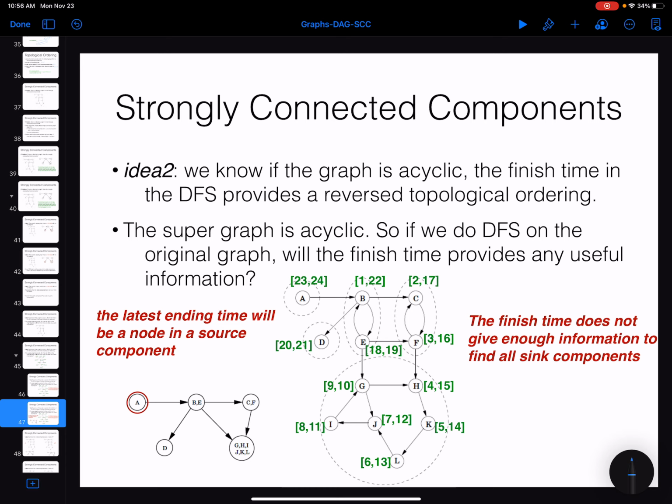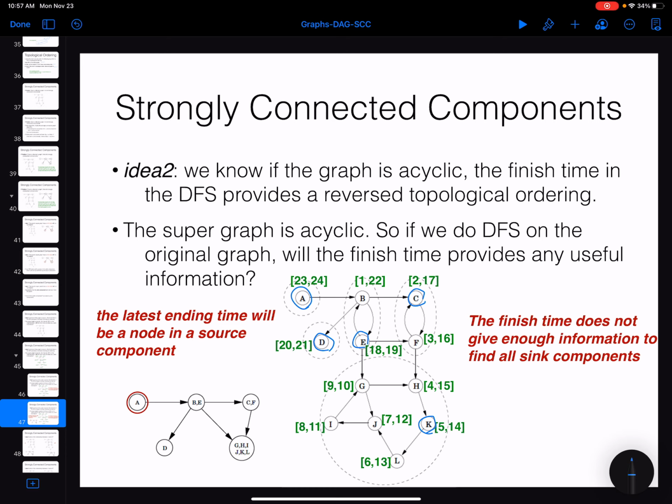So it doesn't matter how you run your DFS, if you start from C, for example, or from E, K, D or A, you will see that definitely the latest finish time will be for A. A is going to be the source node, the first source node, the only source node basically in the supergraph.